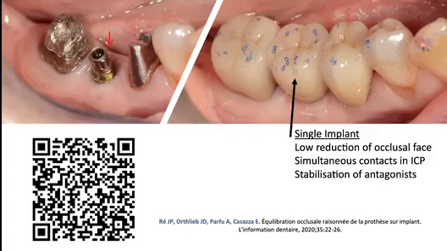It is integration of the prosthetic system into the natural ICP of the patient, with the crown on the implant or not. And you can see here the reduction of the occlusal face without reduction of the occlusal table. The occlusal table is like this.